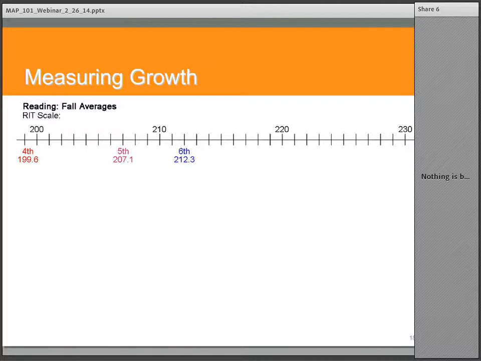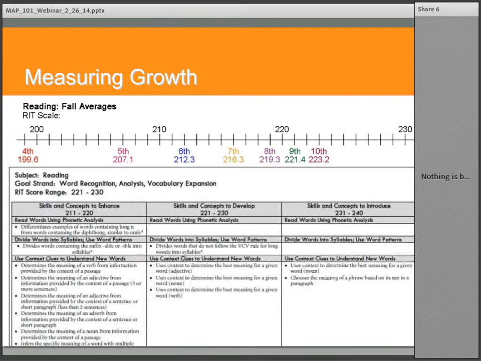Look how he's grown as a 6th grader, now as a 7th, as an 8th, 9th, and a 10th grader. What is important to notice is how many more points there are between a 4th grade achievement and 5th grade achievement, from a 199.6 to a 207.